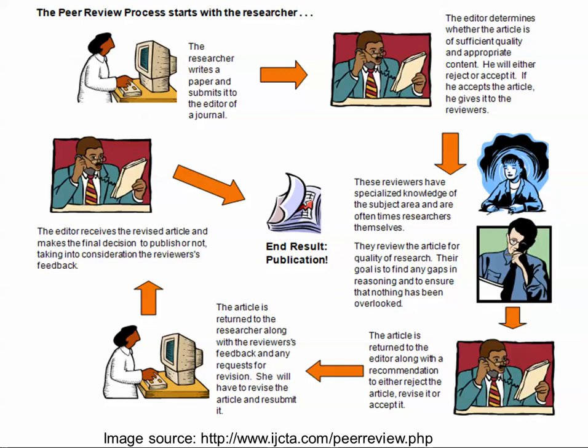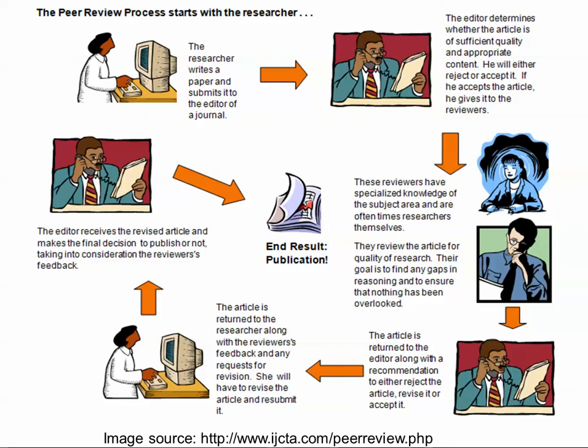If he accepts the article, that doesn't mean it's going to be published, at least not yet. Then he takes it and he passes it on to outside reviewers, usually 2 or 3 outside reviewers, not just one. Who are those people? Those are people who have specialized knowledge in the subject area and are oftentimes researchers themselves. So for example, as a professor in Japanese studies, I'm on occasion asked to review materials for scholarly presses.